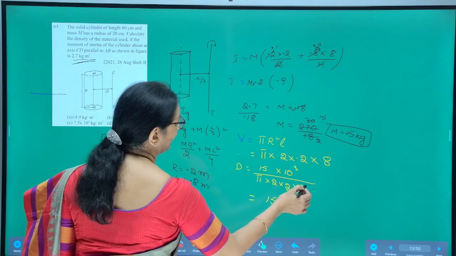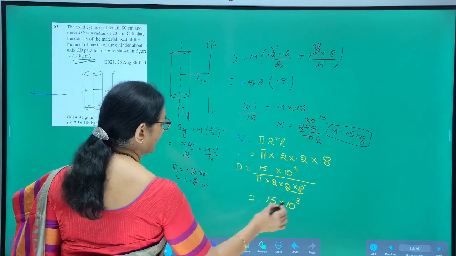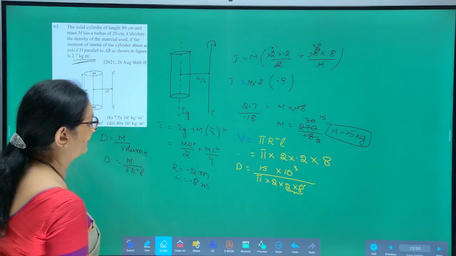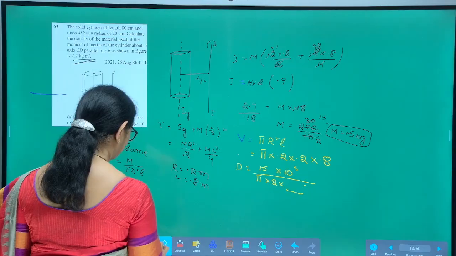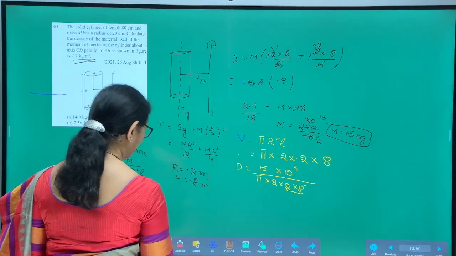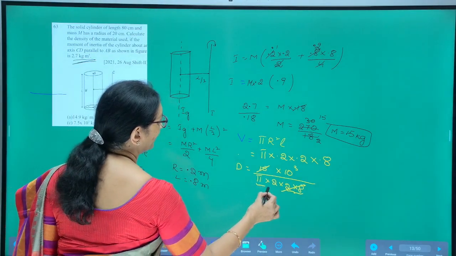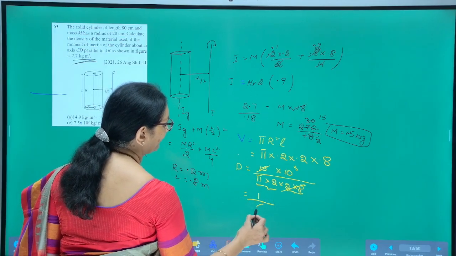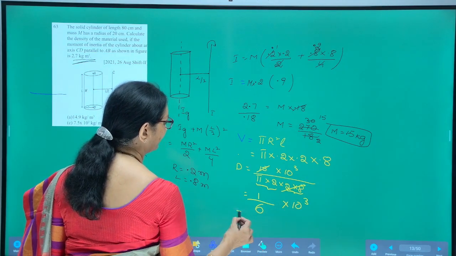So here I am just doing the calculation approximately because options are farther, we can pick up the answer very quickly. So approximately to 16 and this 15 roughly. So 2 pi's are 1 by 3.18 into 2, roughly take it as 6 divided by into 10 to the power of 3.